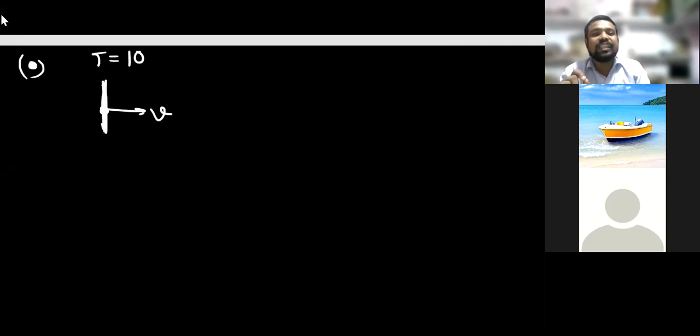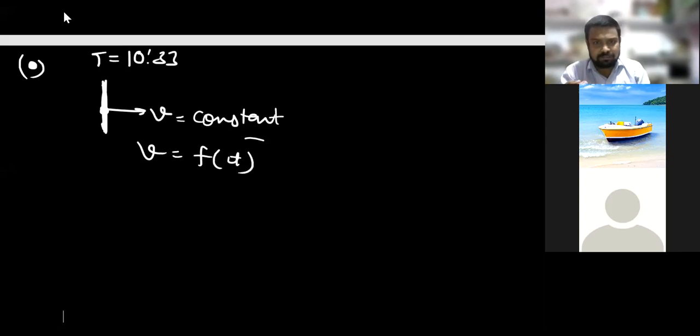Dheeraj, your question is very good. So first of all, listen very carefully. Suppose the particle is moving, and in your watch the timing is, say, 10:30. And the velocity may be constant or may be a function of time, it's a different thing.